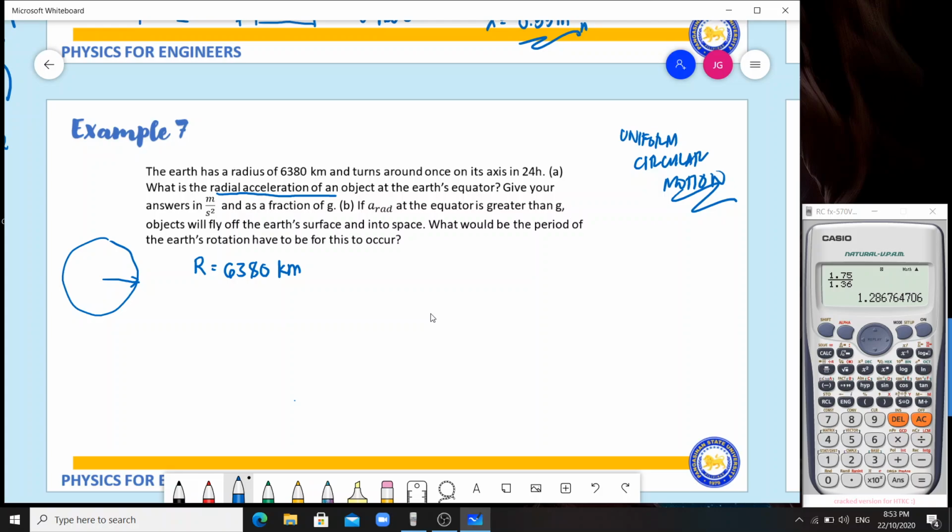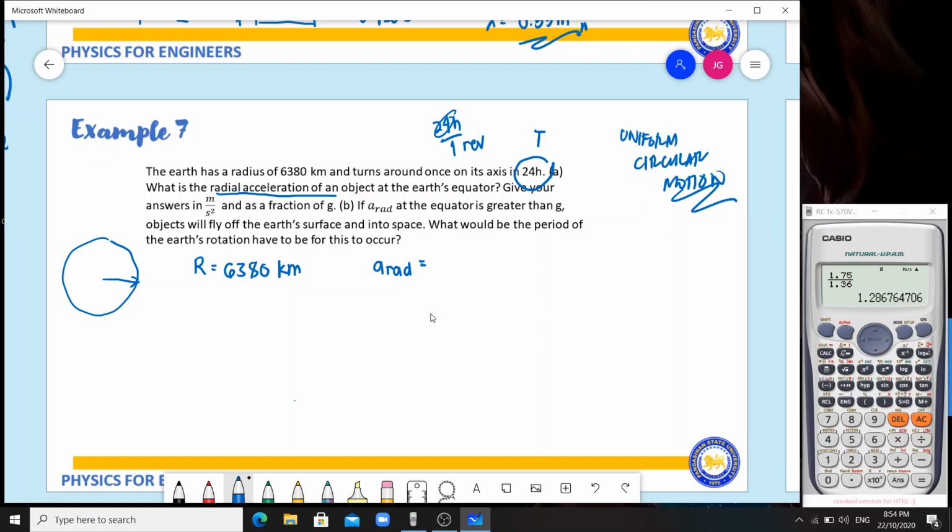Dahil ang acceleration is constant, okay? Ang gagamitin natin dito ay yung arad, okay? At meron tayong given na sa 24 hours daw meron tayong 1 revolution. So meron tayong given na period 24 hours per 1 revolution.